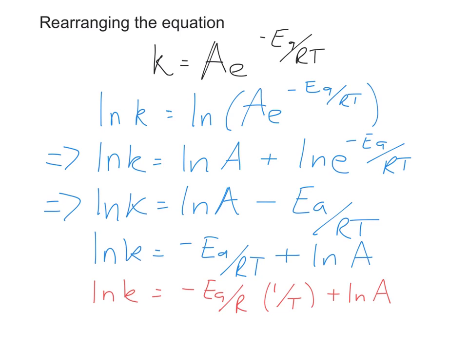Graphically, you will notice that this now looks like y is equal to mx plus c, where y is the y-axis, m is the gradient, x is the x-axis, and c is the y-intercept. So plotting it graphically, the y-axis would be the natural log of the rate constant k.